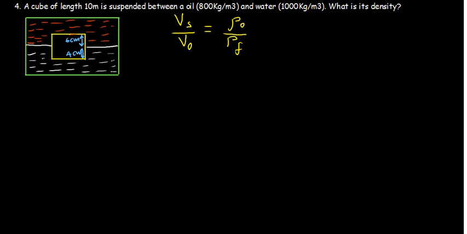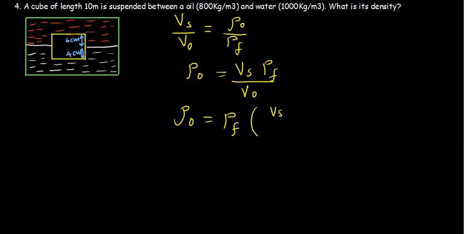Making the density of the object the subject, the density of the object is equal to the volume of the solid multiplied by the density of the fluid, divided by the volume of the object. I can also write this as the density of the fluid multiplied by the volume of the solid over the volume of the object.